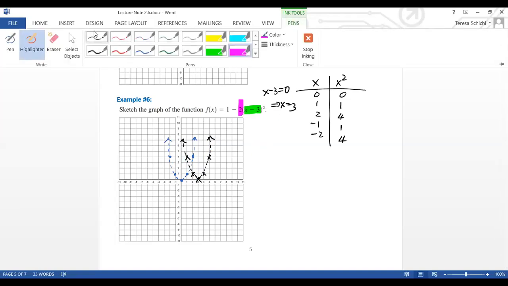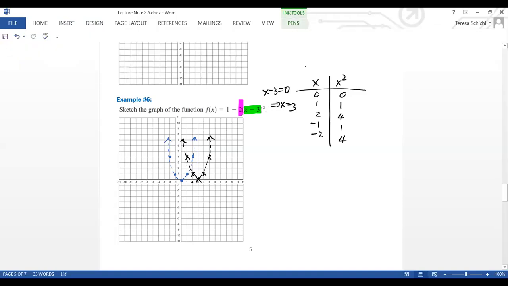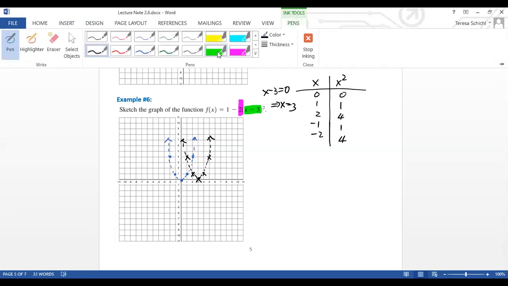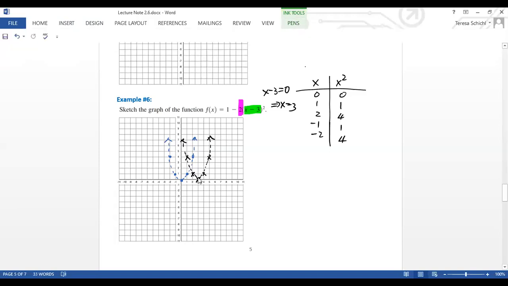Now I'm going to run out of my colors here. So, okay, let's try to use the same color here. So times 2. Okay, so this point times 2 is still here, right?